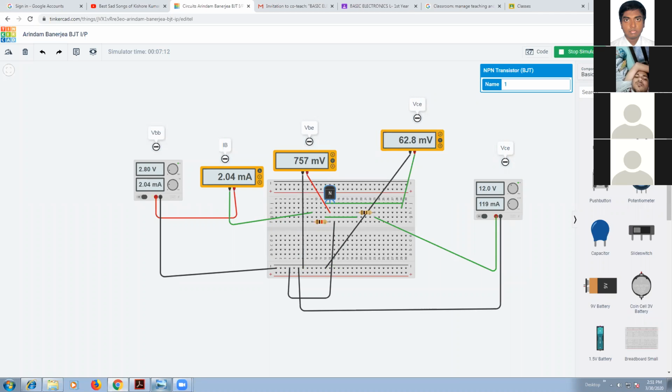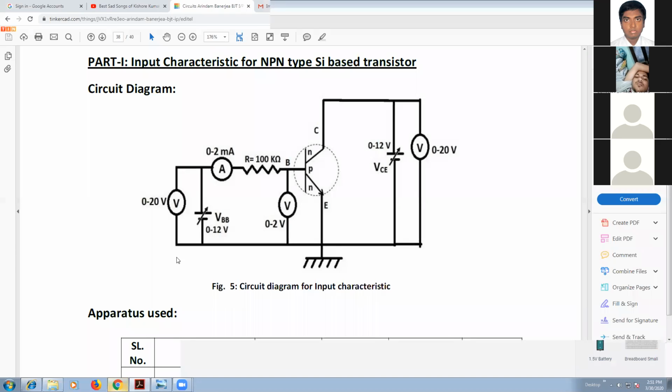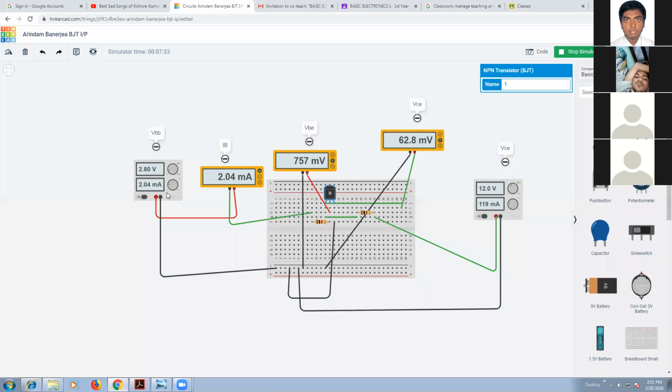Then we have to connect the parallel connection, with 2 voltmeters. It is not necessary to connect a voltmeter with the power supply because a voltmeter is already built into this power supply.